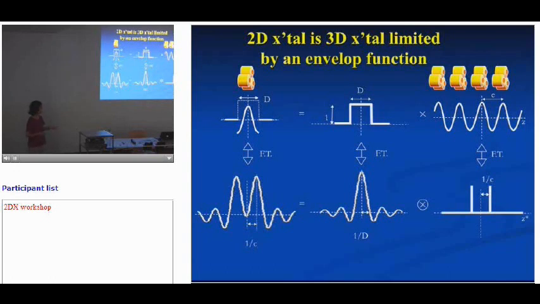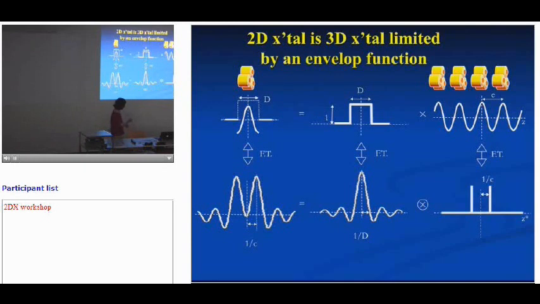So in Fourier space, what we end up doing is convolving this simple function with this function with just one peak. Then you end up with a continuous function, like what we see as a lattice line. Okay, so we went from a discrete function in Fourier space to a continuous function.